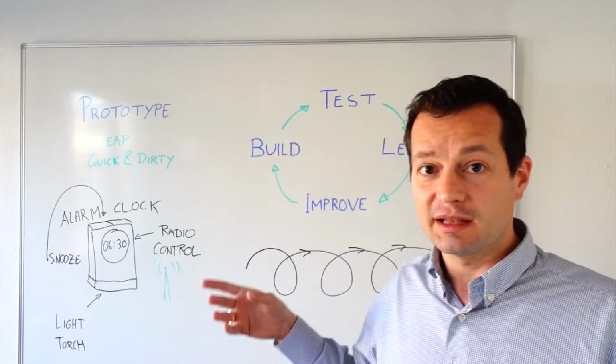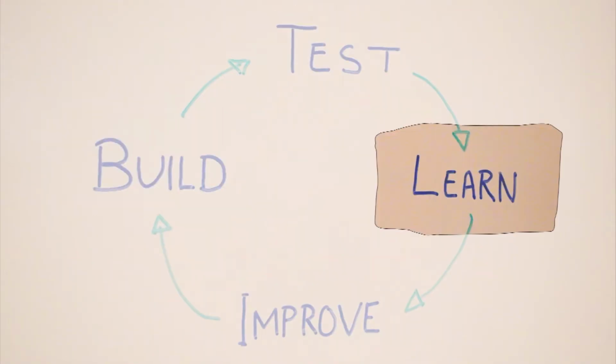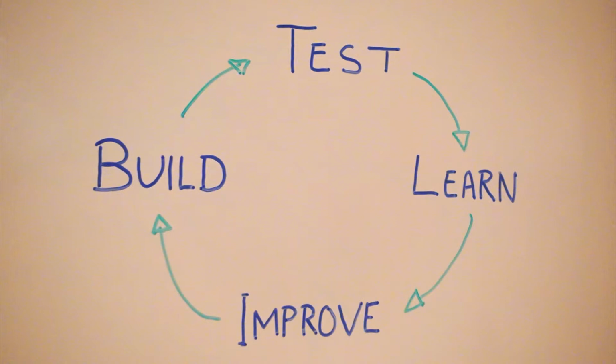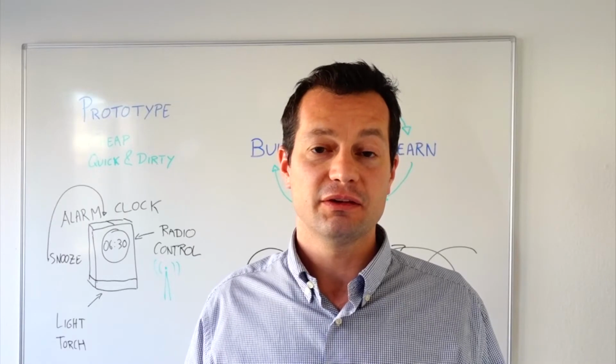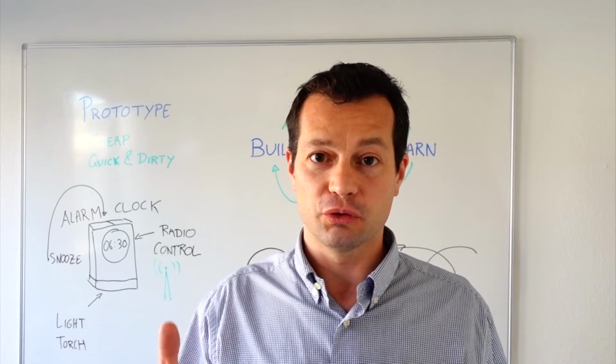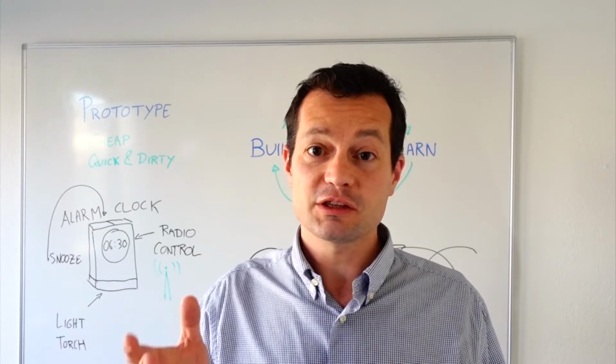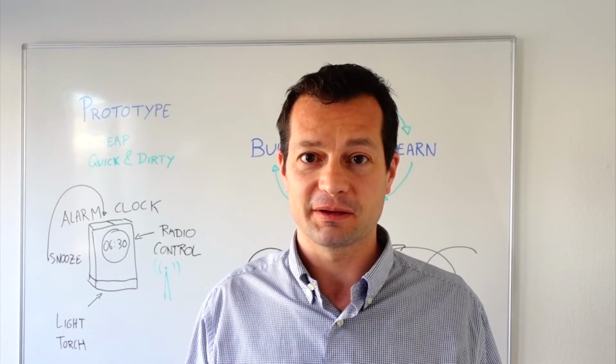It's a cycle and it looks like this. You build, you test, you learn, you improve, and it repeats. In the end, you will uncover so much about the product, the user, and the use. You will discover things you could not imagine. And that's precisely the point of design thinking.